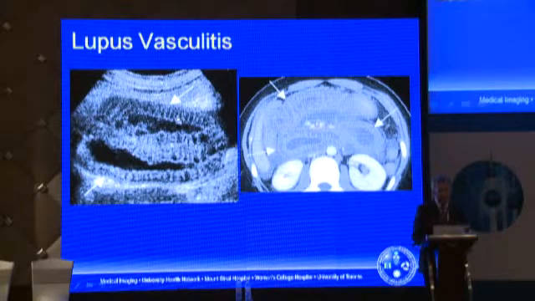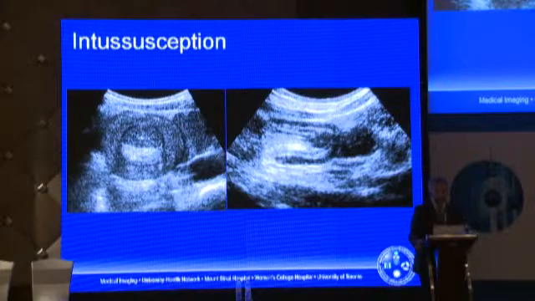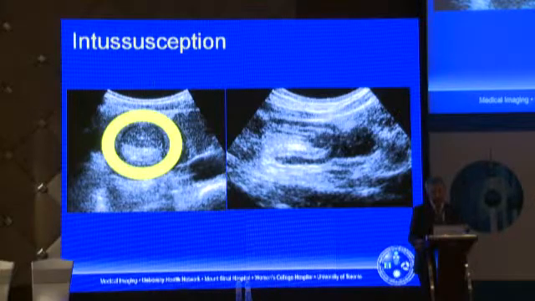Ultrasound here actually resolves the individual valvulae conniventes in this jejunal loop, and then you can see the CT comparison. Dr. Mann very nicely discussed intussusception in an earlier talk. We see it in adults, and the appearances are surprisingly similar.